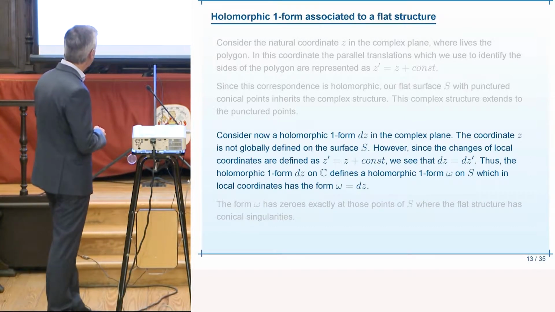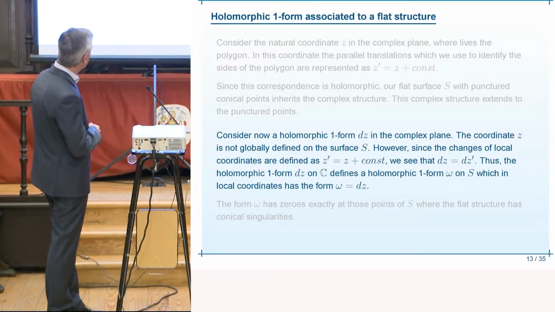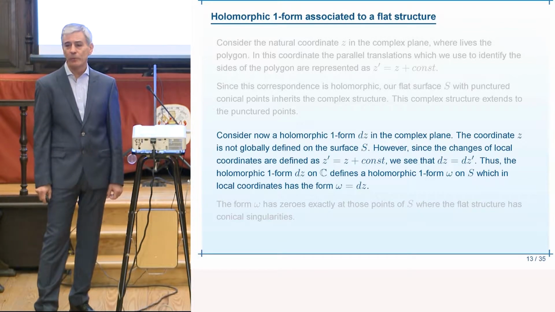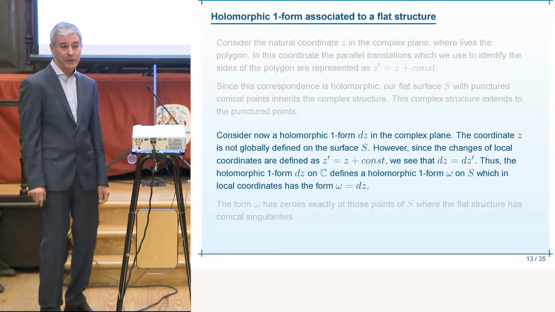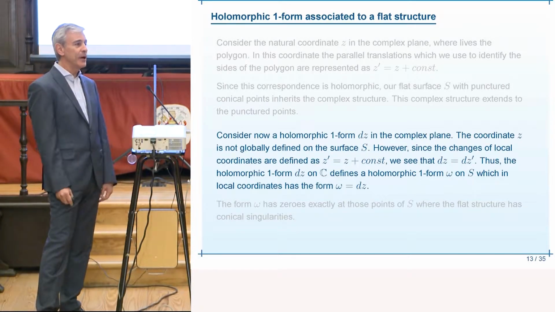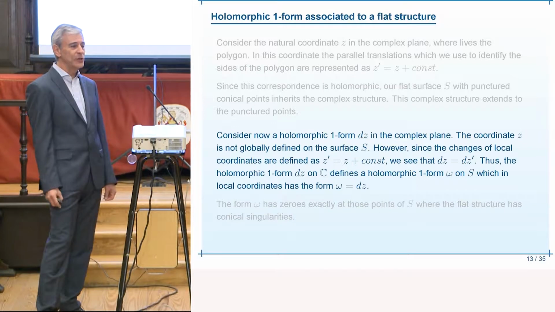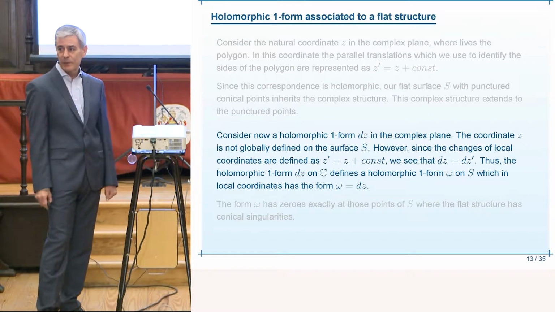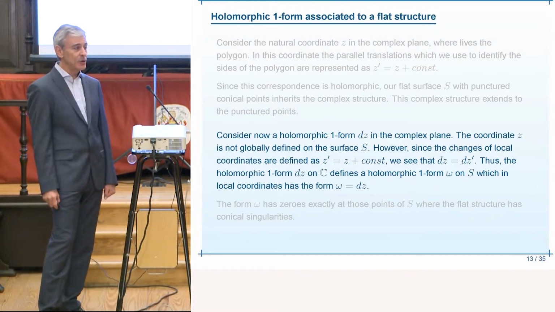But if we consider dz, because of these gluing rules, dz is equal to dz prime. So we get a perfectly well-defined holomorphic one form on the corresponding Riemann surface. And once again, initially it is well-defined on the surface where we take out the conical singularities, and then you verify this holomorphic one form extends to these points, and these points are just zeros of the corresponding holomorphic one form.